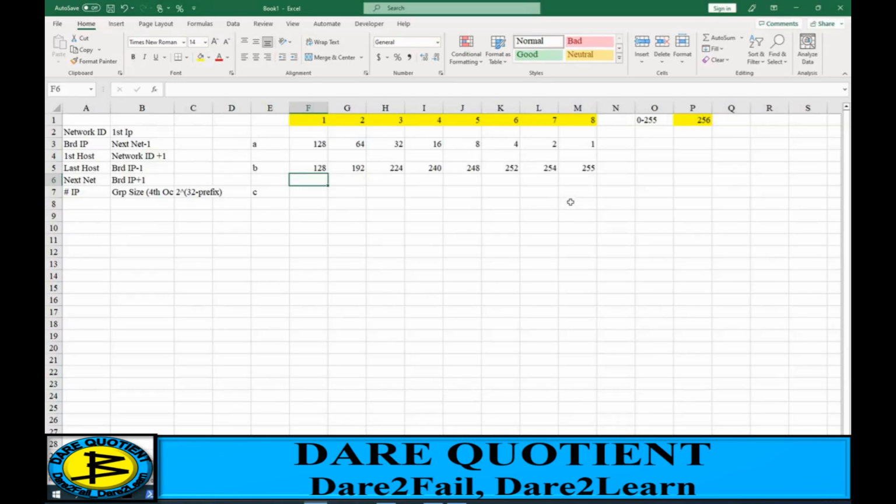So now we'll go to the next row, which is our row C. We know we have 32 bits, so we'll begin with a /32 on that column 8. So we'll go from /32 and we'll go down. And once you hit column 1, you go back below that and you keep going until you get to /1.